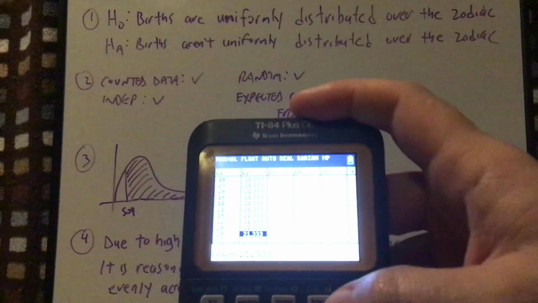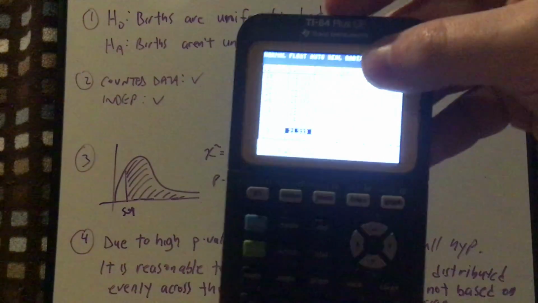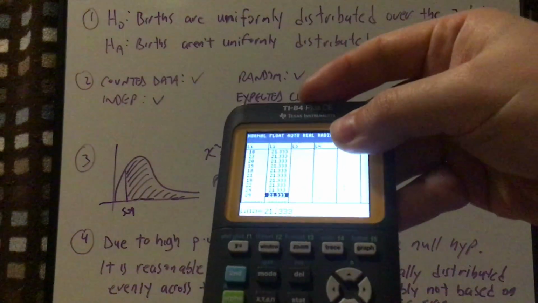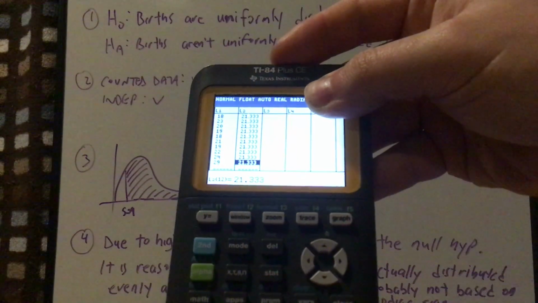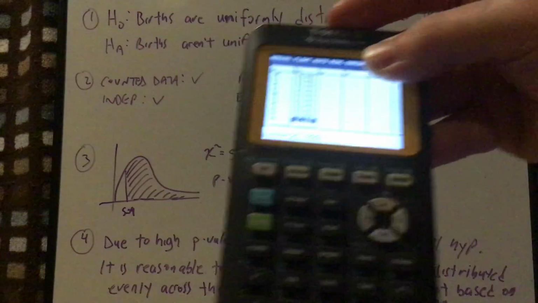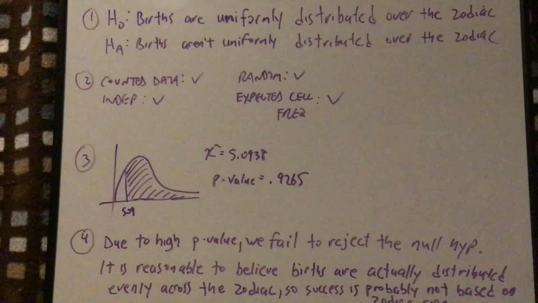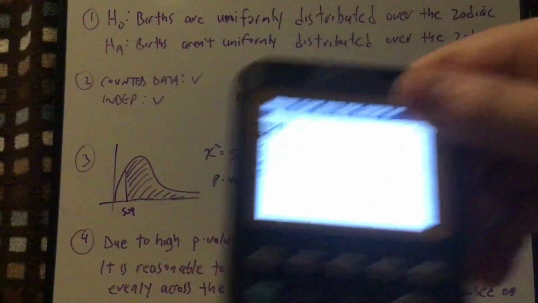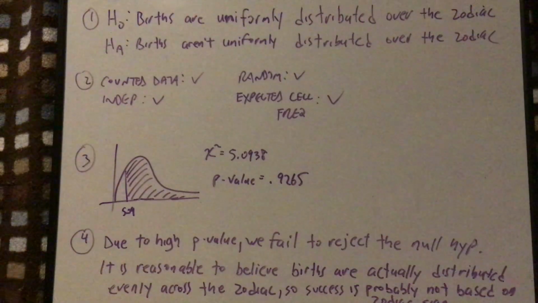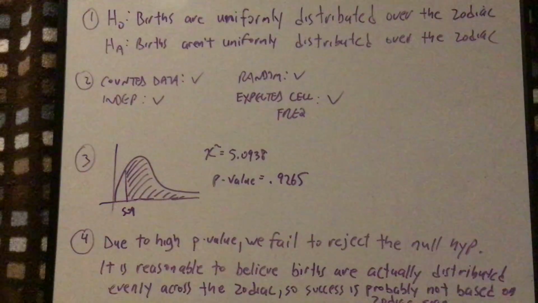So now I have all the observed and expected values. Now what you do is you go into where all the tests are. You go into stat, you go over to tests, and you scroll down quite a ways.